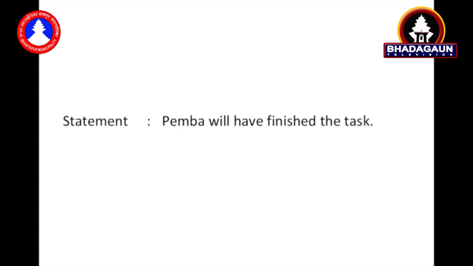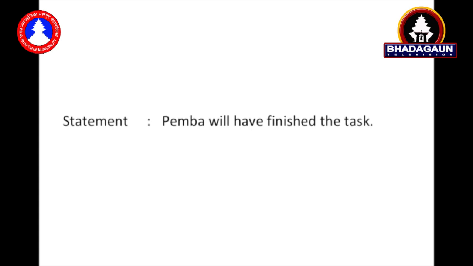Here, dear students, this example is a little bit different from the previous two examples. What is the difference here? Have you found out? The sentence is: Pemba will have finished the task. Here we have will have finished, and we have two auxiliary verbs, will and have.